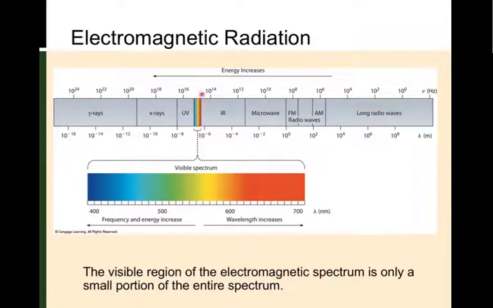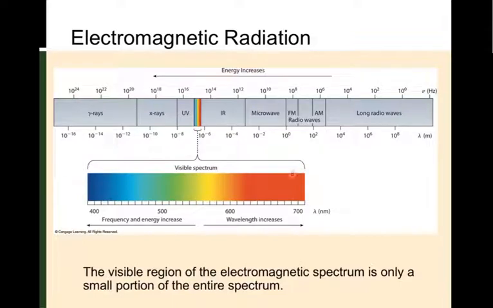The visible spectrum then is just a really small portion. The visible spectrum is really to do with human bias. It's what we can see, so we call it the visible spectrum. Other animals see different regions of the spectrum. So this part here is all that we see with our naked eye. And these different light colors actually correspond to different energies.